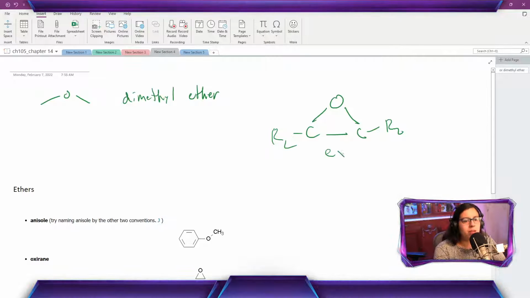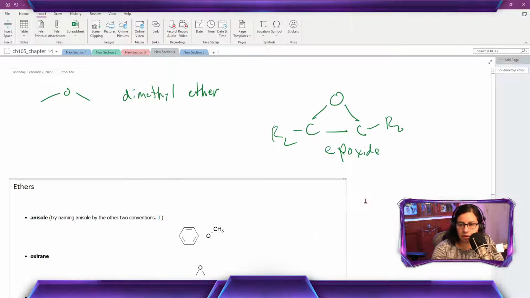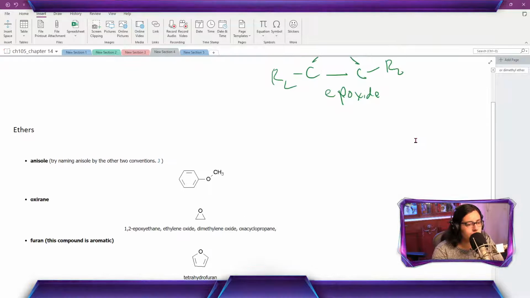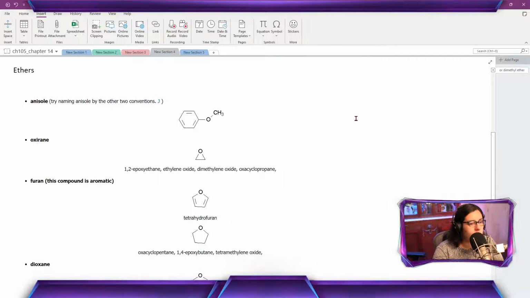An epoxide is where you have this ring here. And ethers, again, are less polar than alcohols. So if everything else is the same, like molecular weight, aka their van der Waals forces, the alcohol will have the higher boiling point.